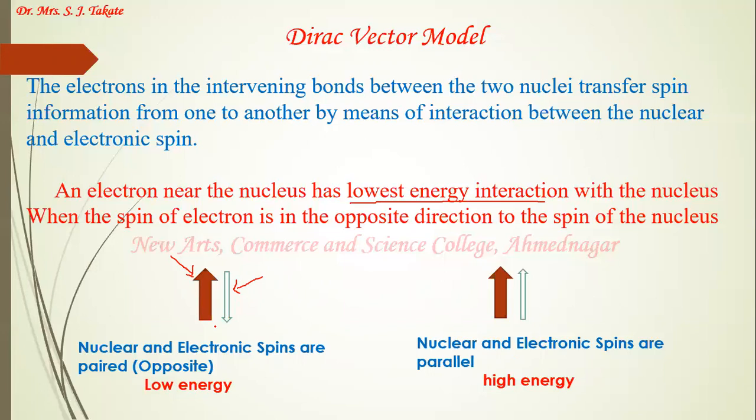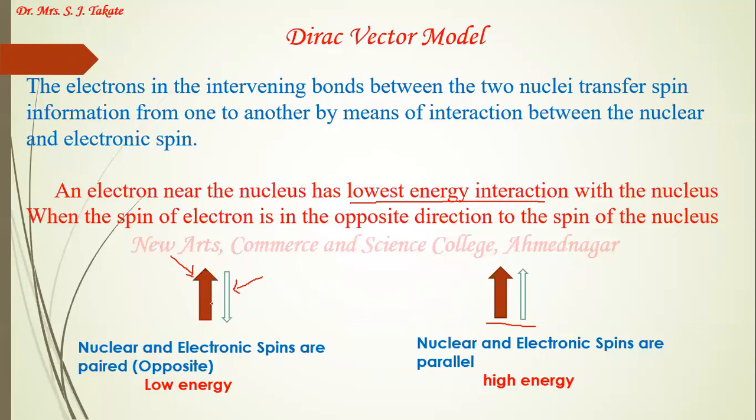The electron can have another type of interaction with the nuclear spin, where it remains in close contact with the nucleus while their spins are parallel to each other. So in general, the electron close to the nucleus can either orient its spin in the opposite direction or in the parallel direction to the nuclear spin of the given nucleus.